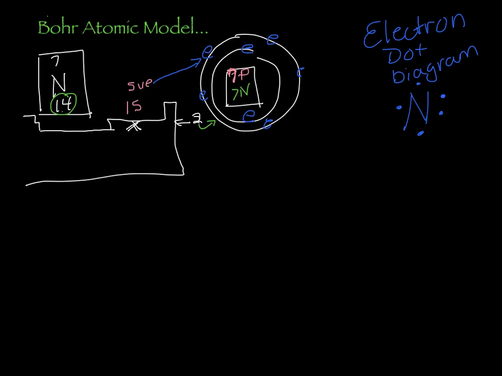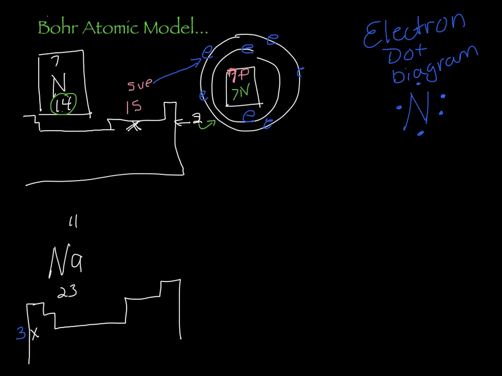So then we're going to do sodium. It has 11 as an atomic number and 23 as its atomic mass. If we look at it on the periodic table, sodium actually resides right here. It's in the 3rd period.